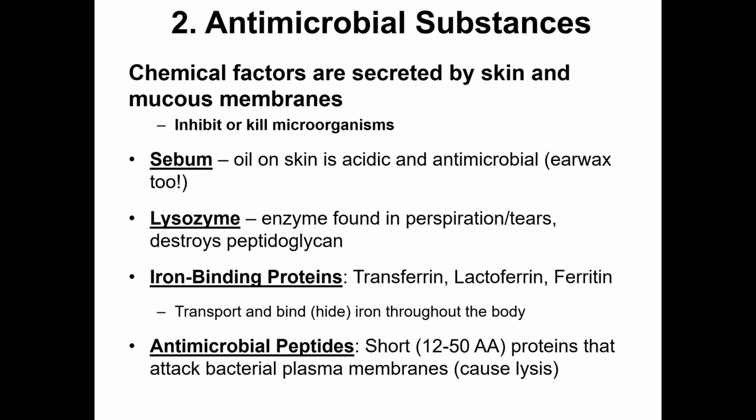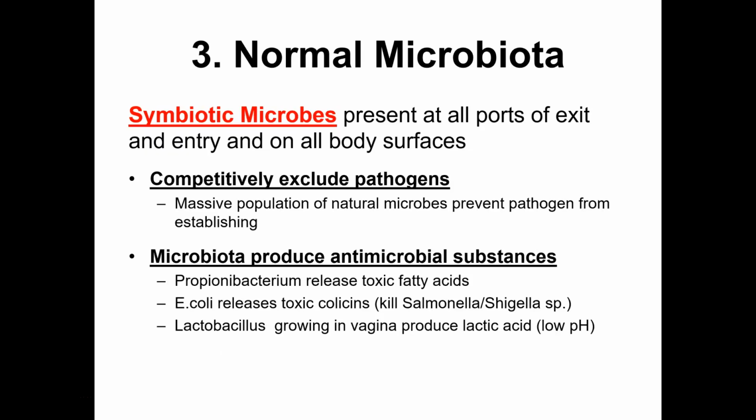This is a little string of amino acids that basically attack bacterial cells. They embed themselves in the cell, causing it to burst, causing it to lyse. All right, so that's our own brand of antimicrobial substances. And it's a short list. We do make other things as well.